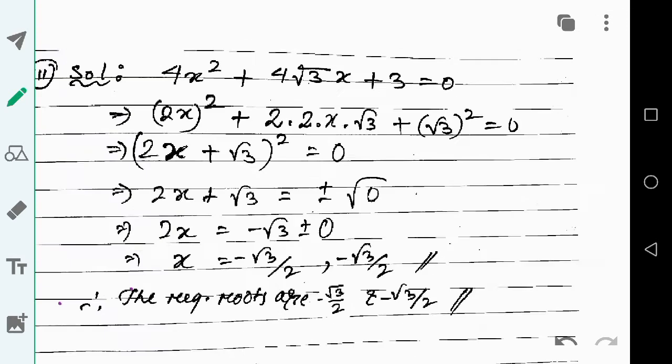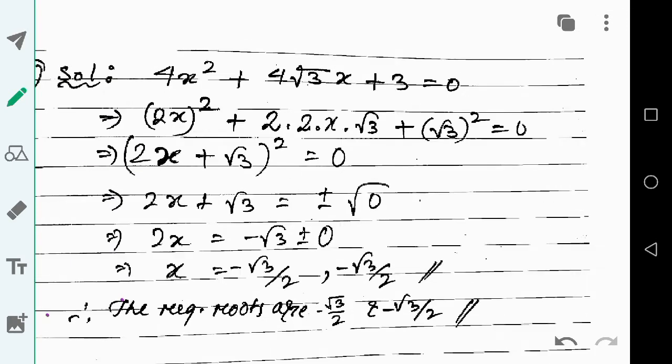Here you see, as I have already told you, if the coefficient of x square is not a perfect square, then you have to divide both sides by that coefficient of x square, but in this case the coefficient of x square is a perfect square. That's why we can write here 4x square as 2x whole square.